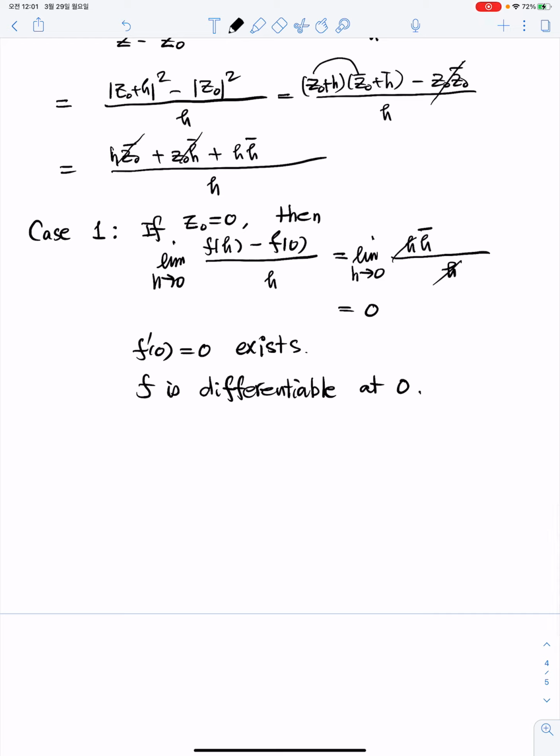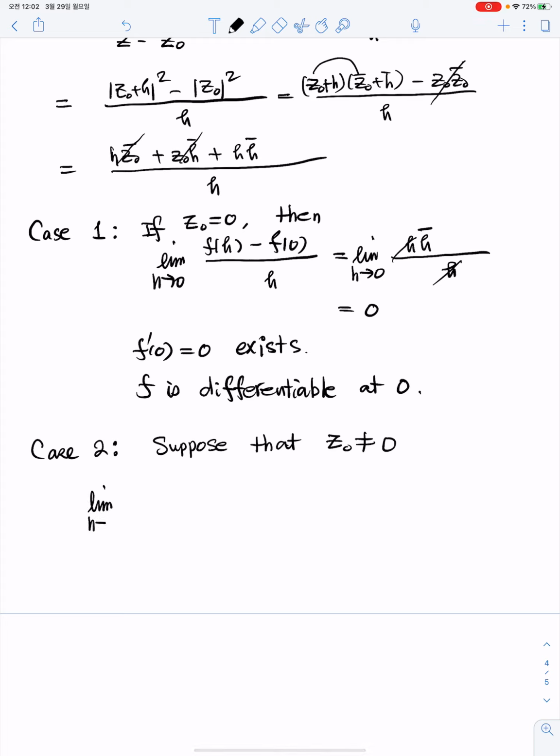How about the non-zero case? Case two: suppose that z0 is non-zero. In that case, let's look at the limit.